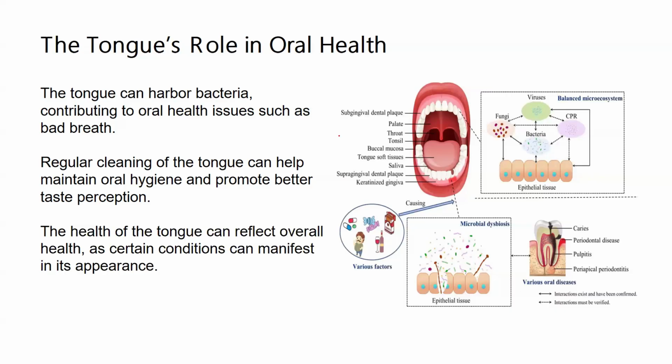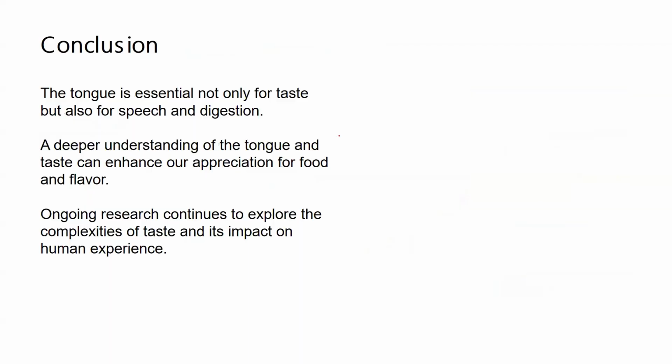So in conclusion, the tongue is essential not only for taste but also for speech and digestion. A deeper understanding of the tongue and taste can enhance our appreciation for food and flavor. Ongoing research continues to explore the complexities of taste and its impact on human experience.